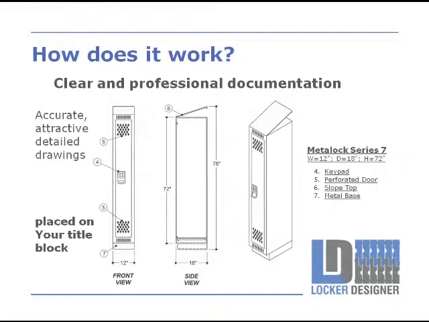So we have the keypad lock, we have the perforated door, slope top, metal base, whatever options, coat hooks, hat shelves, extra shelves, whether you're going with a plastic shelf or galvanneal or a heavier material gauge, these things will all be itemized in this drawing and in the quotation. And obviously it goes without saying, this would all be placed in your title block, and the quotations would be issued on your stationery and would all reflect your look and feel in terms of color, layout, etc.